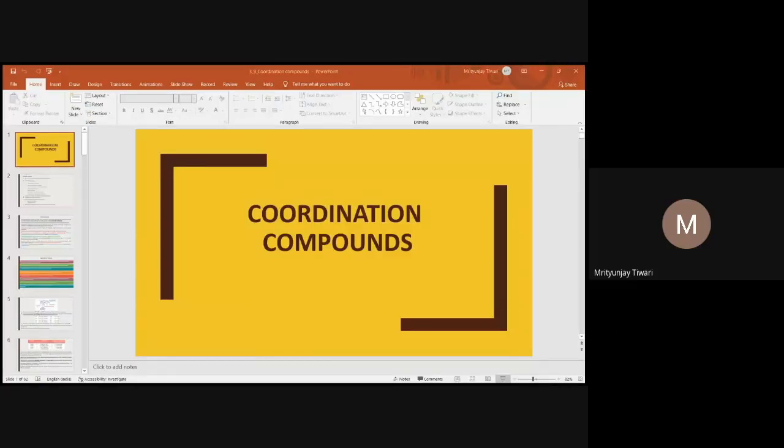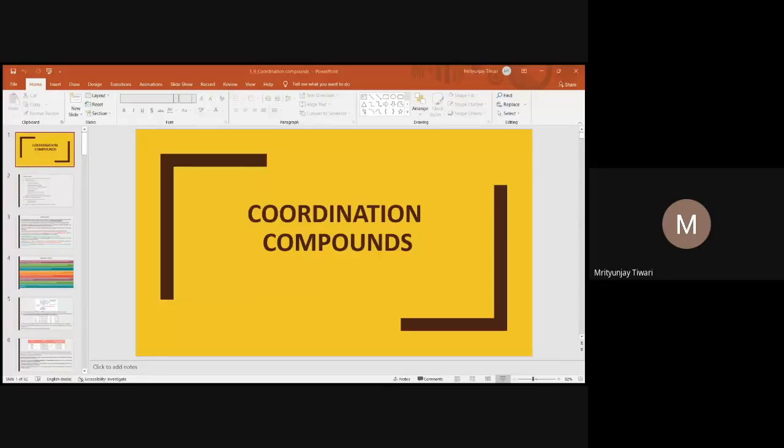Then we also talk about hapticity. Based on this, different ligands also have different capacities. If the ligand is a bidentate or polydentate ligand, the coordination compounds may be polynuclear, not only mononuclear.